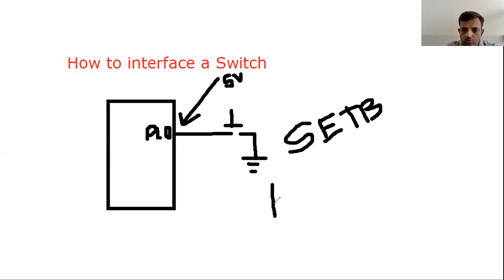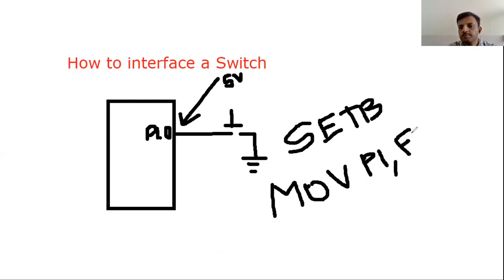Or you can also use the move instruction for the port. Say if I want to make all of port 1 an input port, then move P1, comma, FF. Then we can make the entire port pull up. That indicates we can connect the switch. So this is how we can make a port an input port.